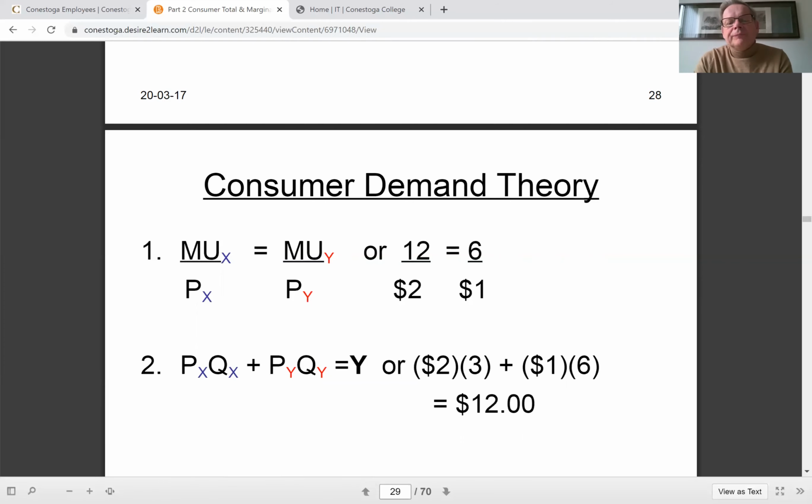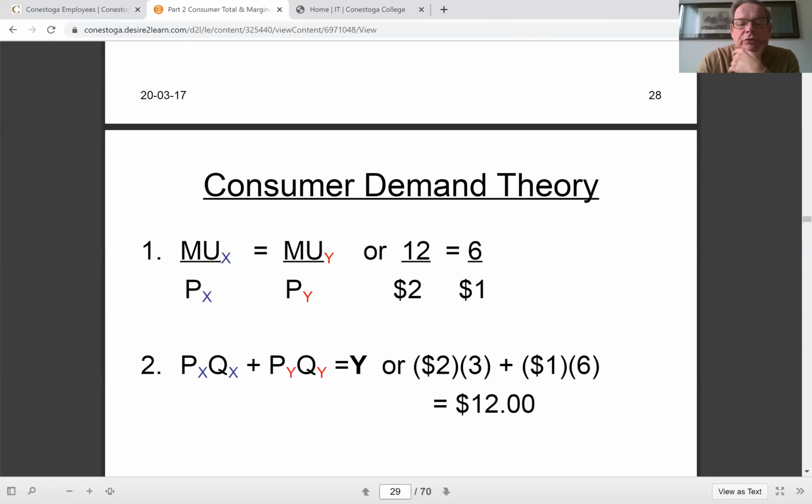We can continue. Remember, this condition, part 1, must be satisfied, which it is, and it must also satisfy the constraint, and the constraint is our budget here. The budget, once again, is the price of X times the quantity of X plus the price of Y times the quantity of Y is equal to our budget. The price of X is $2, and we consume the first 3 X's. And we're going to add to that the price of Y times the first 6 Y's that we consumed.